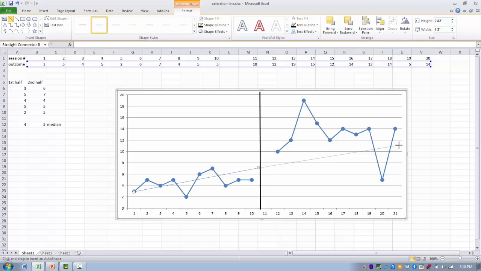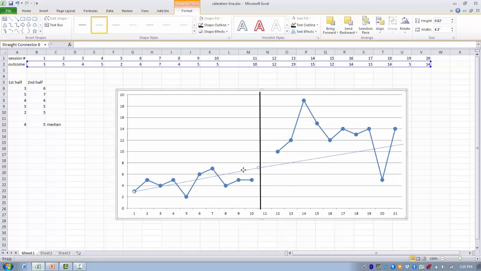I have to eyeball this, and I want it to have the same slope that the acceleration line has. I want it to basically continue on in the same pattern, the same slope from the baseline phase to the intervention phase. And so now my split middle line extends out into the treatment phase.